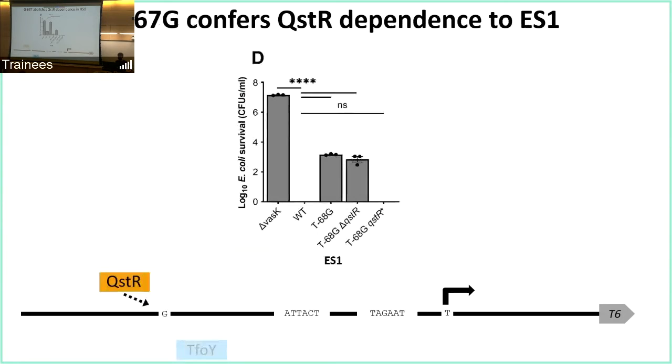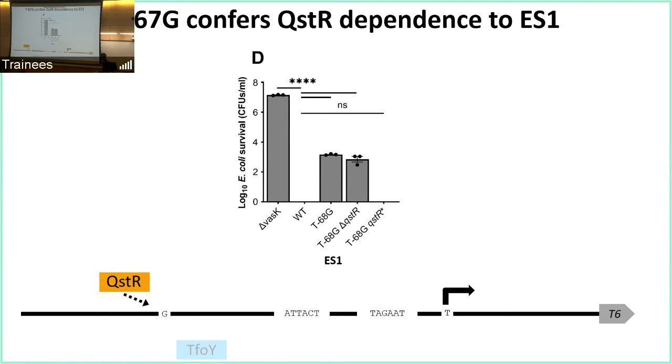So I did the opposite thing, reversing the mutation in ES1, which is the strain that is always on. It has a T originally, and I replaced it with a G. And it stops killing a little bit, not as much as the type 6 minus control, but it does stop killing by 2 log.